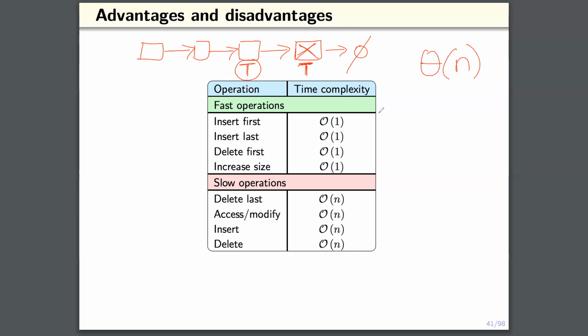I mean, O of n is not incorrect, but theta of n is more correct. So here also, I could change this to theta of n. If you know for sure that you need to touch all the nodes, it is theta of n, because you cannot directly access the node to the left of the tail node, one node previous to the tail node.